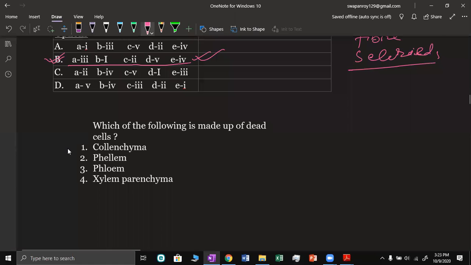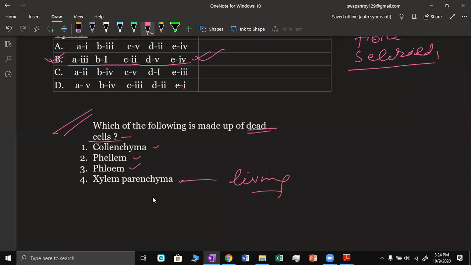Next question. Which of the following is made up of dead cells? Here options are collenchyma, phloem, and xylem parenchyma. Which one is dead? See, in the xylem tissue, xylem parenchyma is the only living cells.